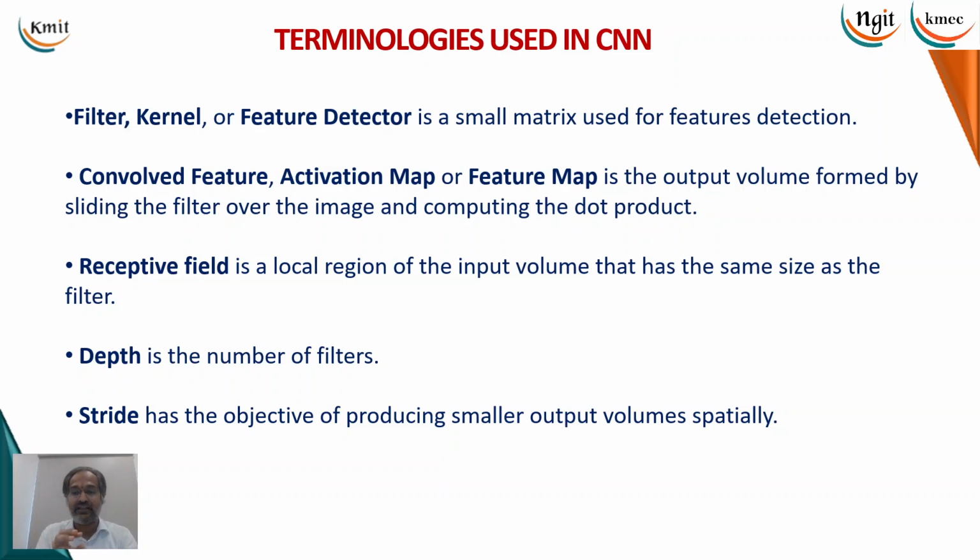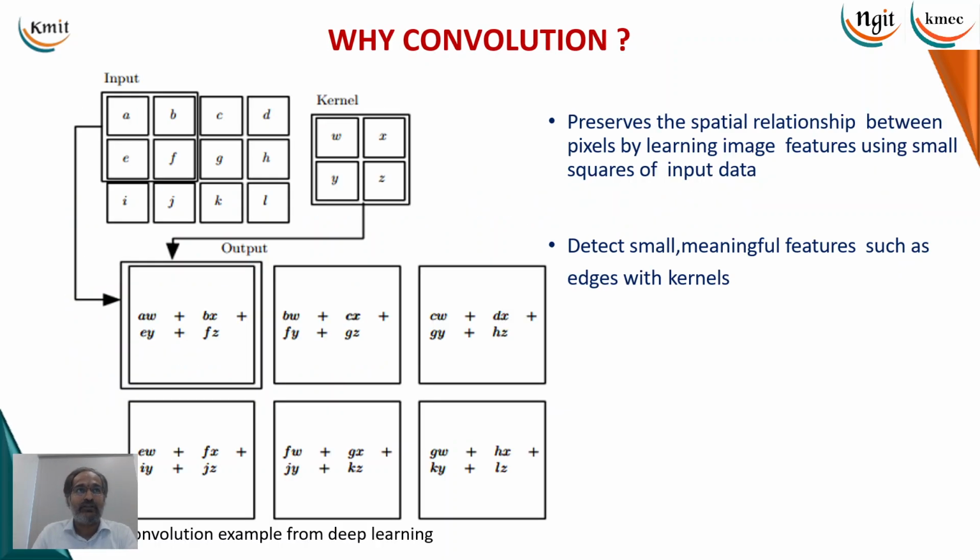Stride means how many pixels you move after the receptive field has worked with the filter. So these are the basic points you have to remember before entering into CNN.